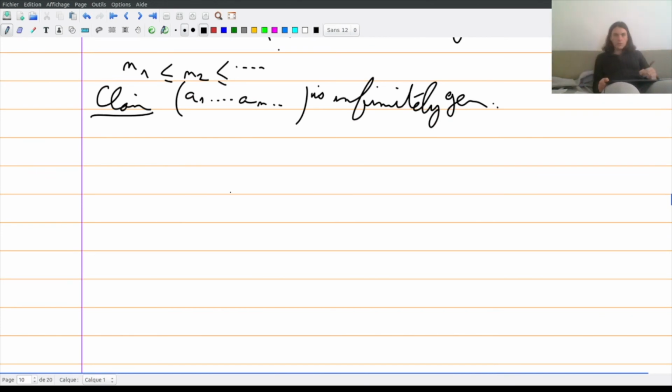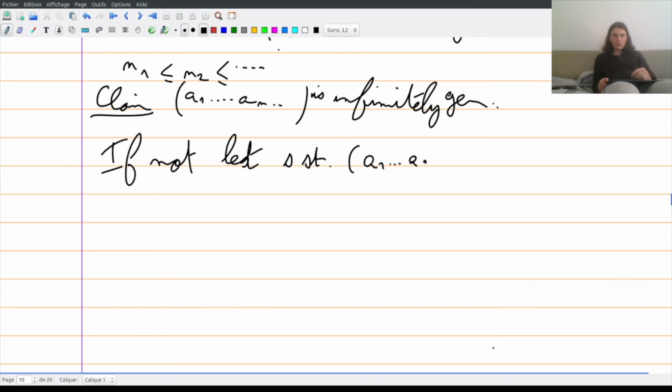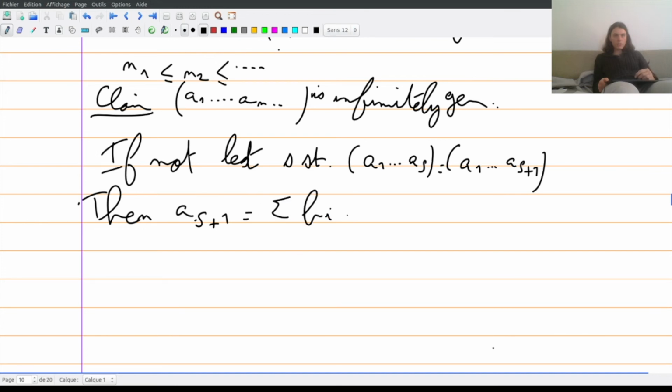So if not, let s such that the ideal (a1, ..., as) equals (a1, ..., a(s+1)). Then, by construction, a(s+1) may be written in the following way, the sum for i from 1 to s of bi ai, where the bi belong to R.